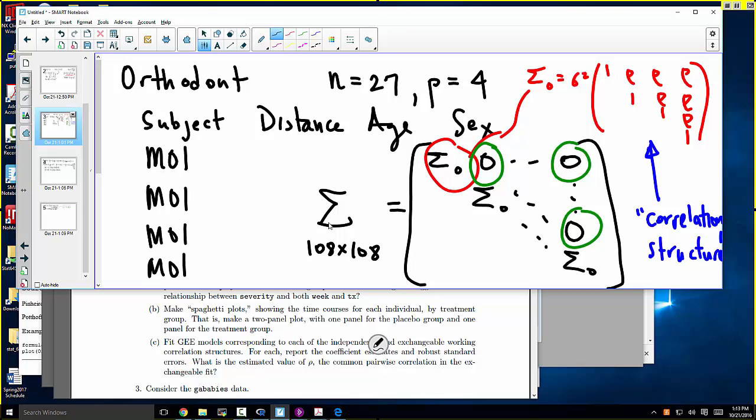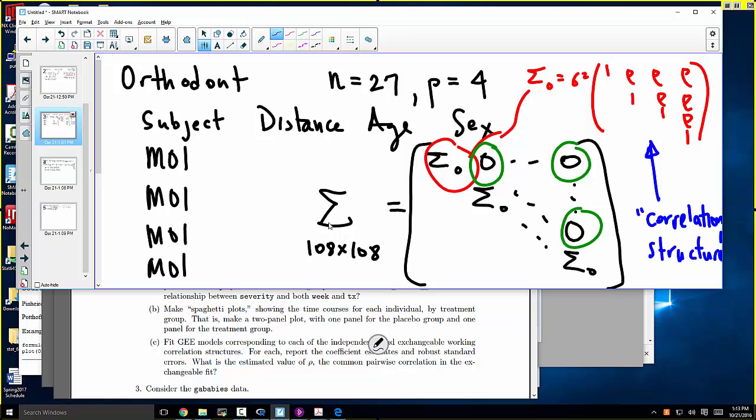To bootstrap with correlated data, what you want to do is sample with replacement from the individuals. We have 27 individuals. So a bootstrap routine for these correlated data would look like sample with replacement from the numbers 1 to 27. And then use those numbers to go get the chunks of 4 that correspond to those.